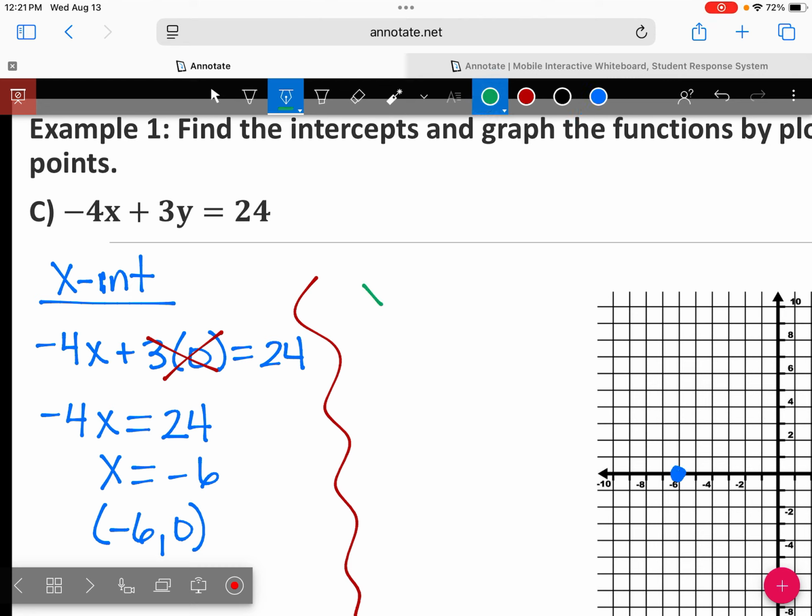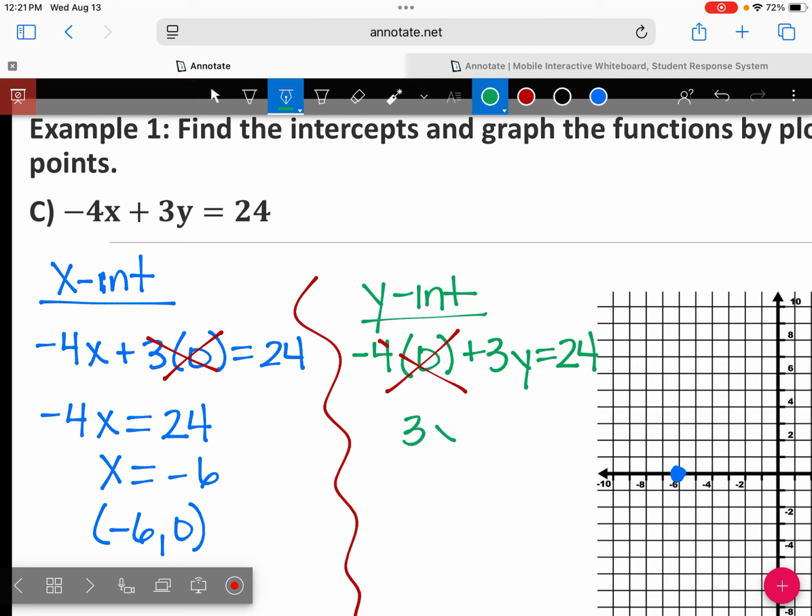And then when we do our y-intercept, that would be negative 4 times 0 plus 3y equals 24. Again, anything times 0 crosses out.